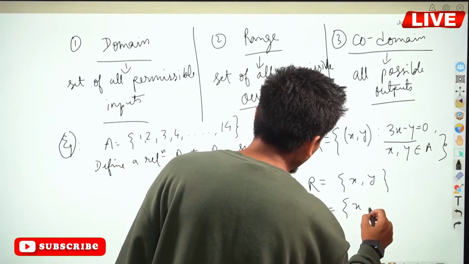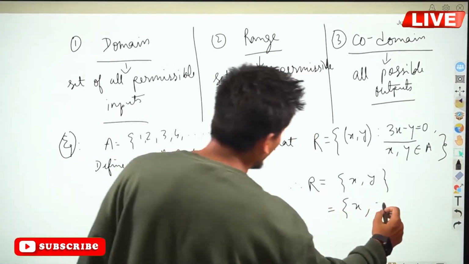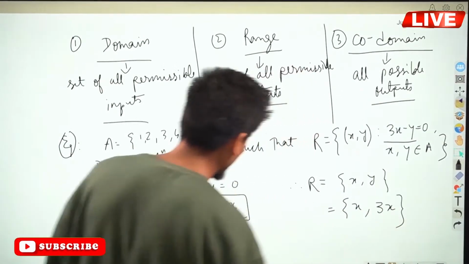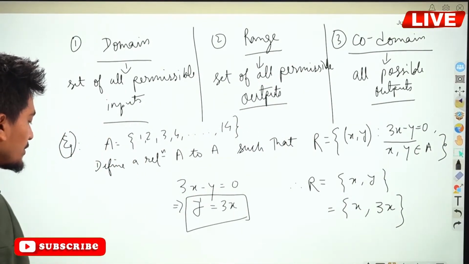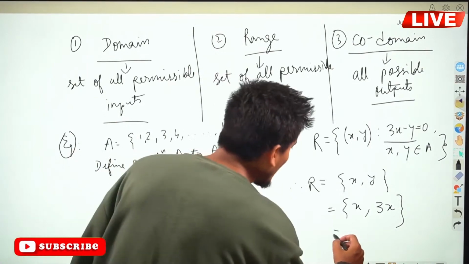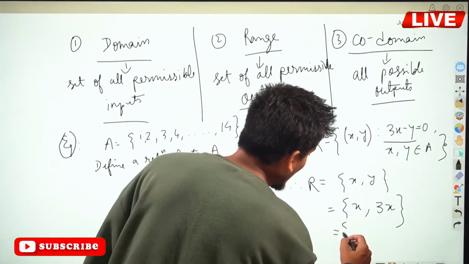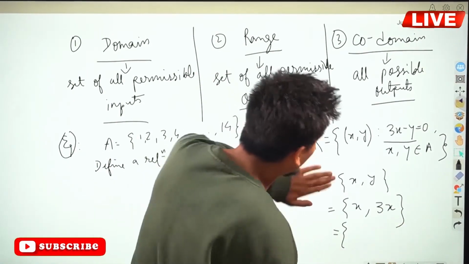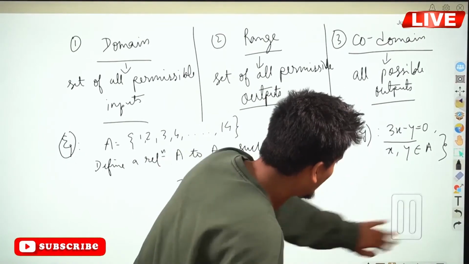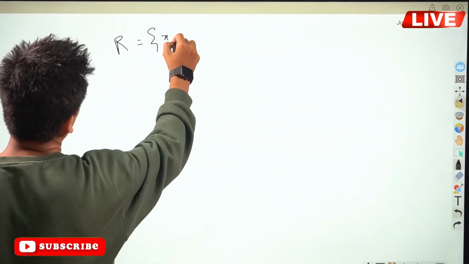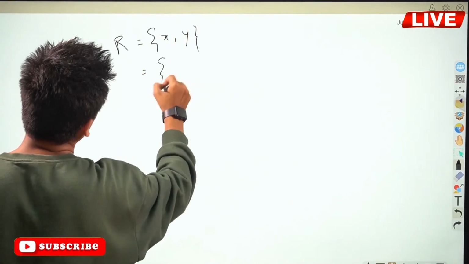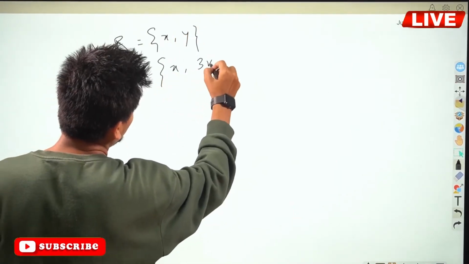And x, y means x, thrice of x. Okay. Let me write this part in the next slide. The given condition is R is equal to x comma y. So what is y here? It is thrice x, right?